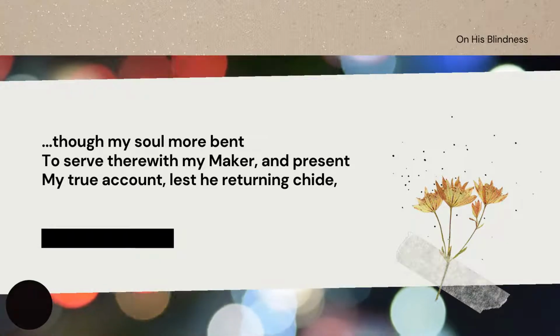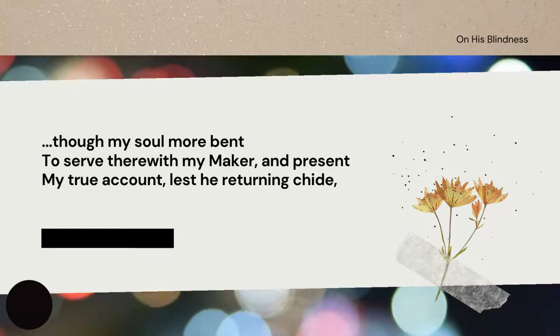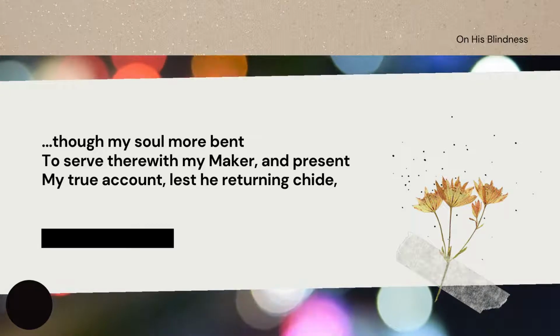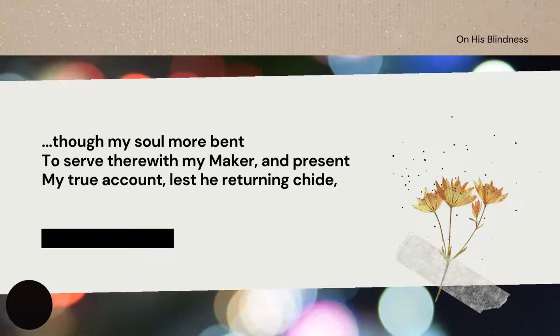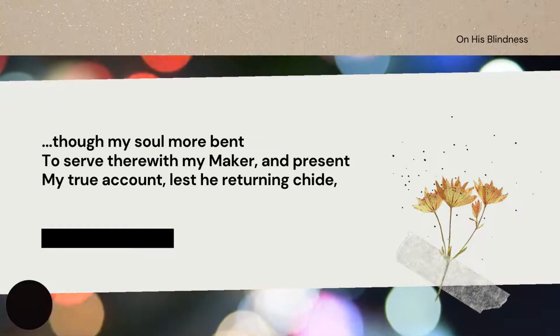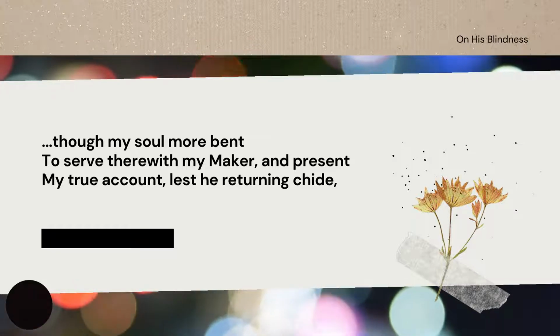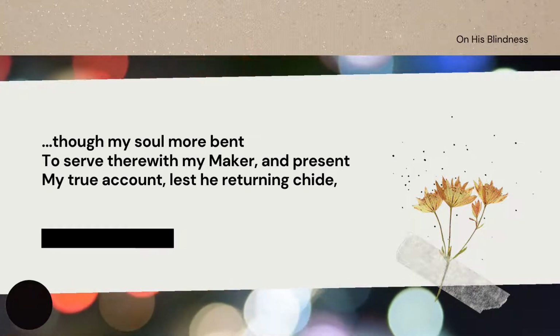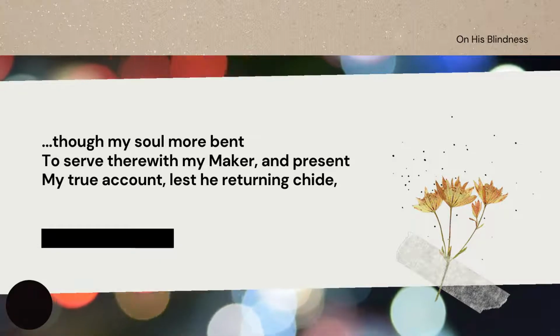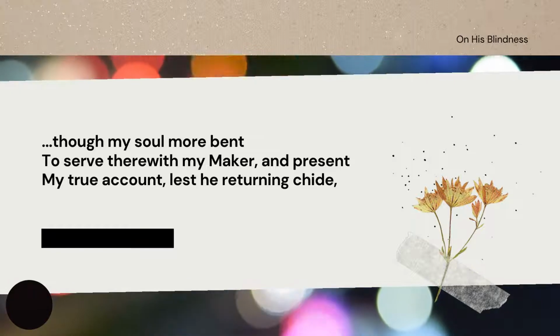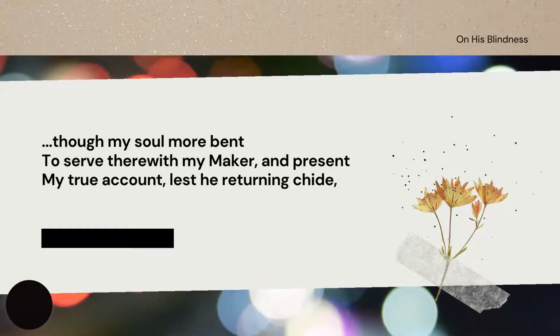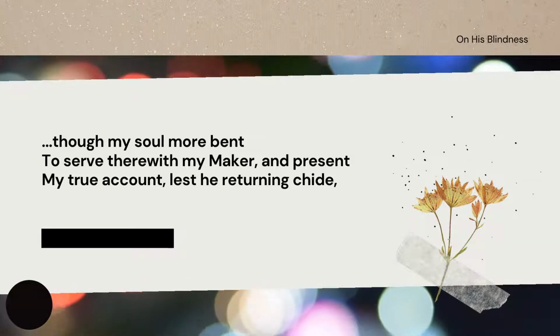So through the line "soul more bent" in the first line here, he is trying to convey that his talent is dead and what his soul yearns to do, and that is to serve God, which is not possible anymore.